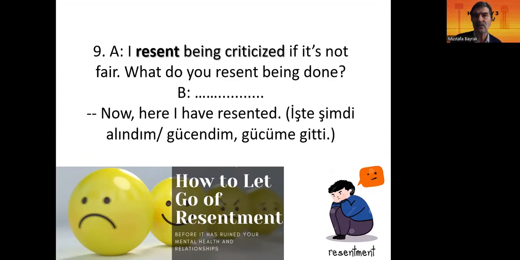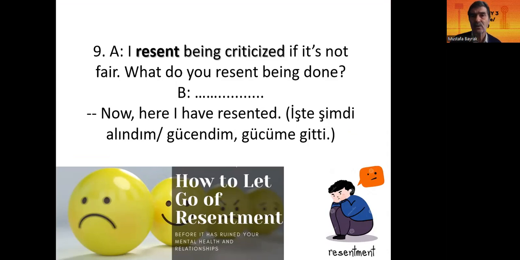What do you resent? What do you resent being done? I resent being criticized. I resent being shouted at.